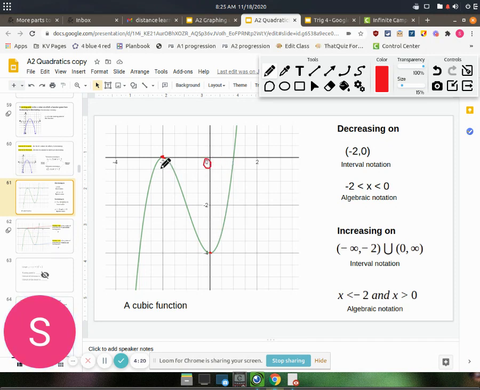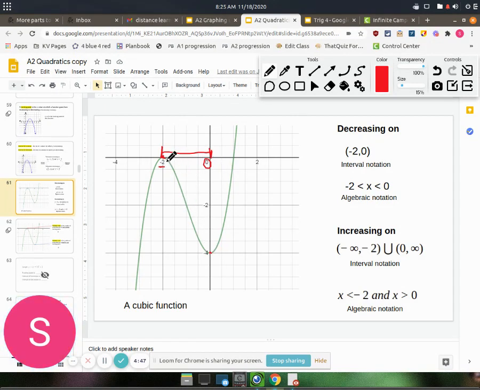The turning points are those x values where it changes direction. So for the interval of decrease, it is decreasing from negative 2 until it gets to 0. In this little window is the only spot where the graph has negative slope. So it's going downhill from negative 2 until it gets to 0.